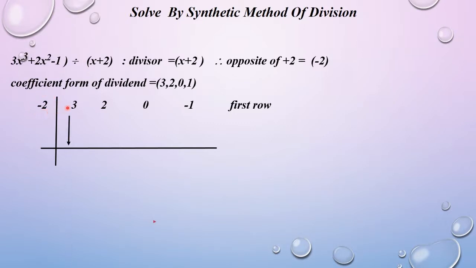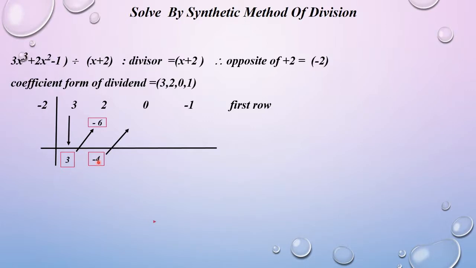We will write the first coefficient as it is in the third row, that is 3. Now multiply minus 2 and 3. Write the answer in the second row beneath the next number, that is minus 6. Adding 2 and minus 6, we get minus 4. Now we have to multiply minus 2 and minus 4.